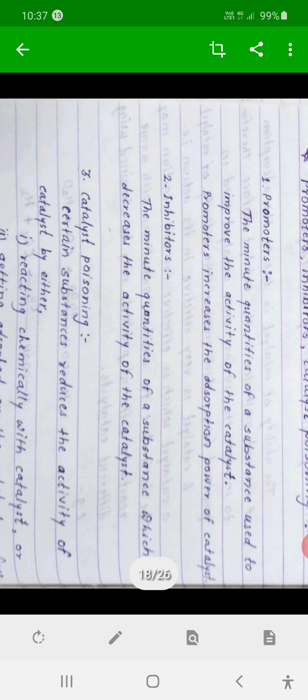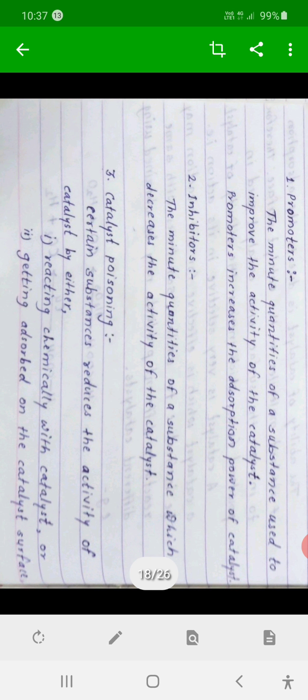Promoters first. Minute quantities of substances used to increase the activity of a catalyst are known as promoters.